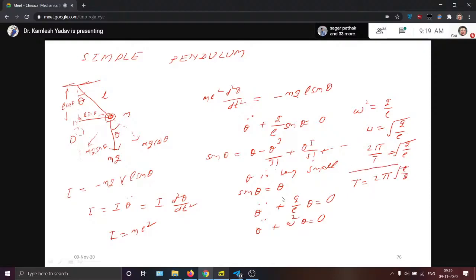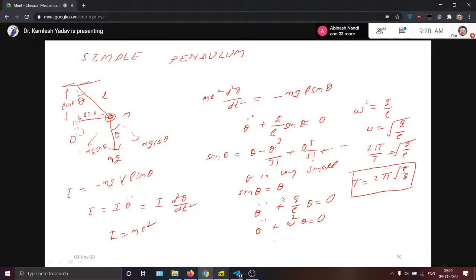Now, in case of a simple pendulum, for infinitely small theta we have sine theta equal to theta. If we place theta exactly equal to 0, then this becomes 0. Therefore, we are considering that theta is very small.